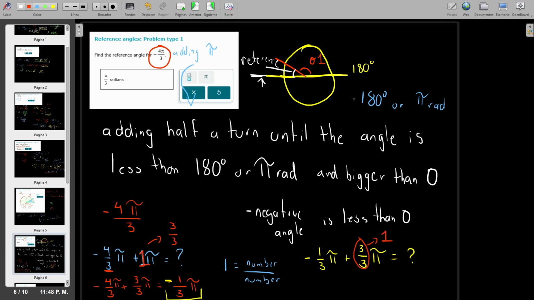What did I say before? We're going to be adding 180 degrees or 1 pi each turn. So again, minus 1 plus 3 is going to give us 2 thirds. Why? Because the denominator stays the same. 2 thirds of pi.